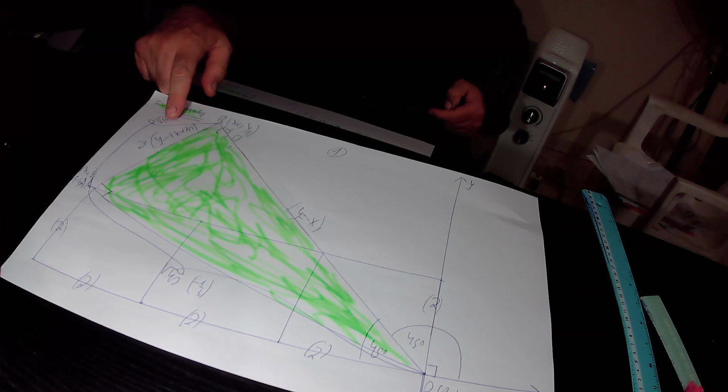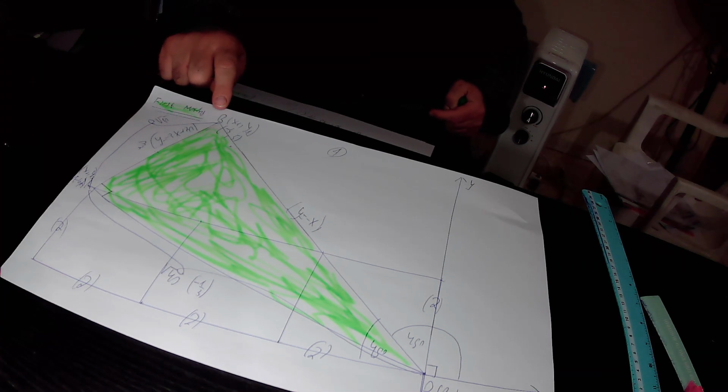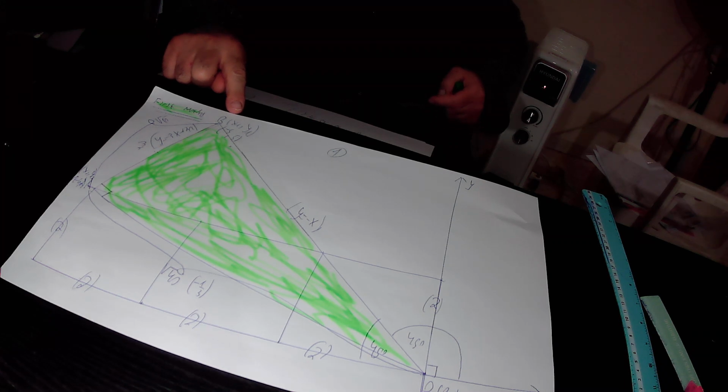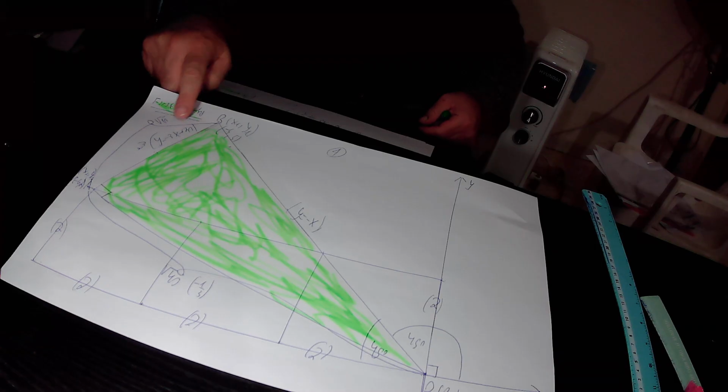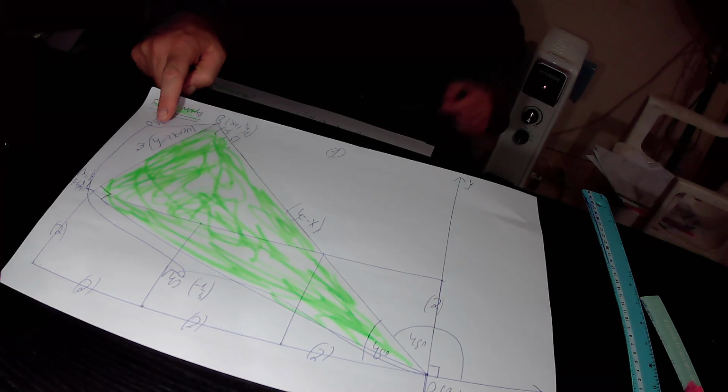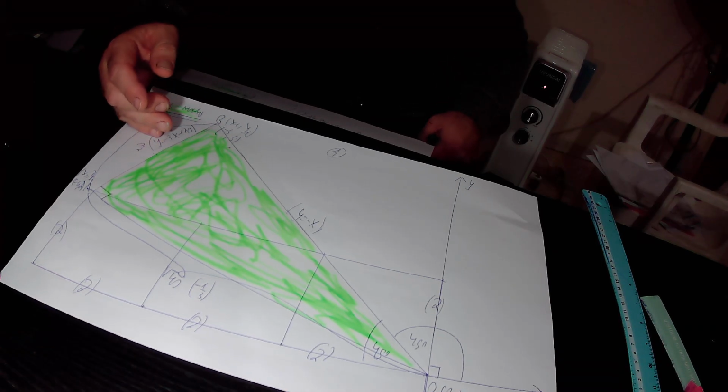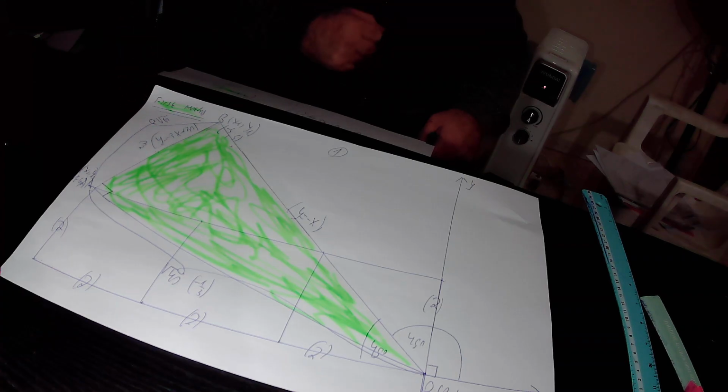This is y equals 3x plus 20. That is to say, the coordinates of point B are x1 and y1. So if we substitute x by x1 in this equation and y by y1, we get that the left side of the equation equals the right side of the equation.